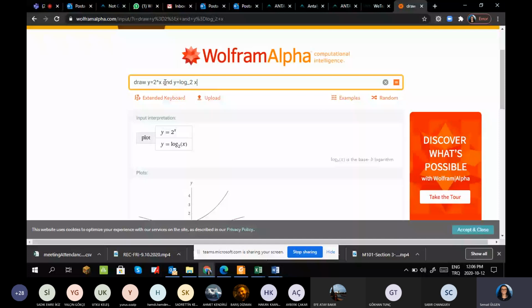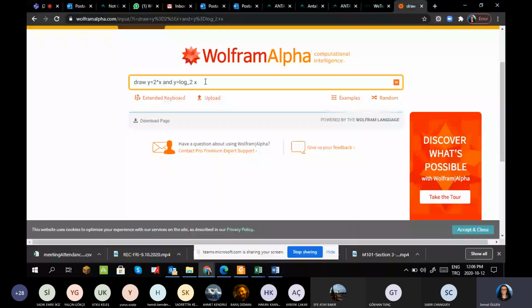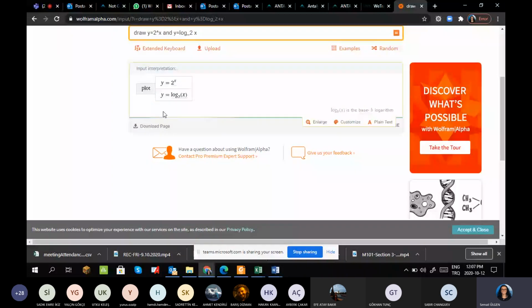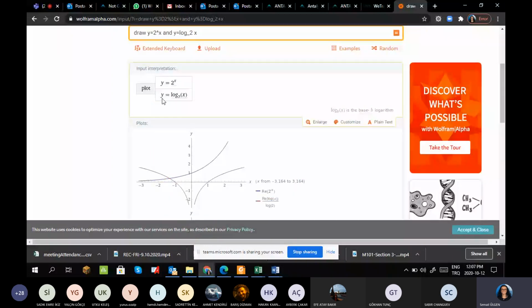It is good because you will be able to double check whether the graph that you draw is right or not. It comes up here. Look, it says plot y is equal to 2 to the x, plot y is equal to logarithm base 2 of x. I'm not sure whether you can see it. Can you see it, guys?